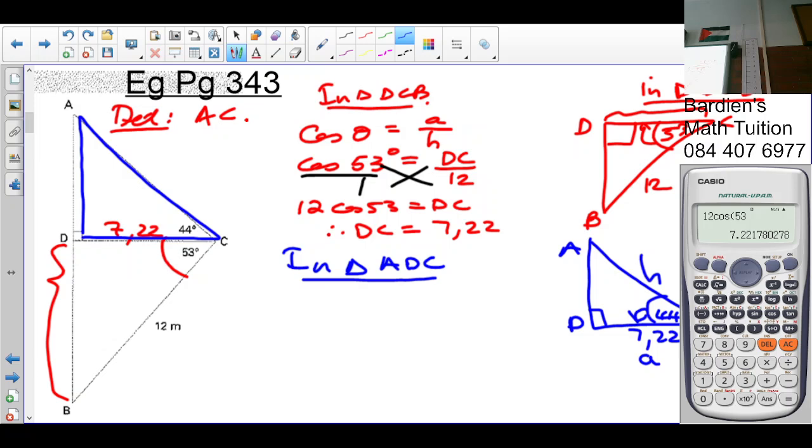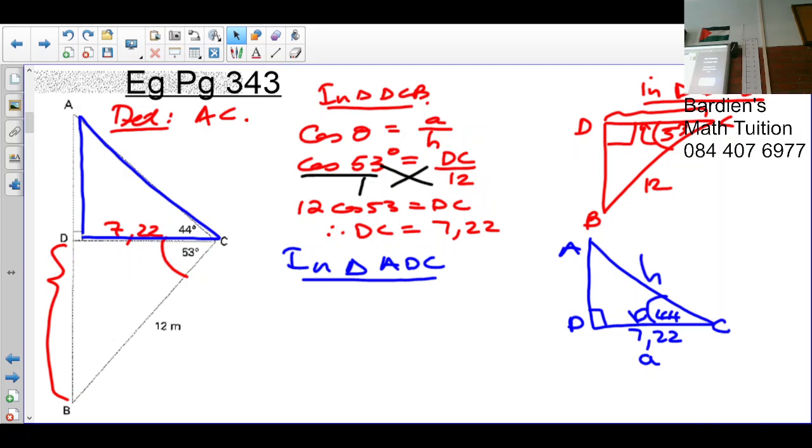Let's get the calculator quickly. So let's go with it. Adjacent and hypotenuse. Which trigonometric function uses adjacent and hypotenuse? Cos. So again we say cos of theta equals adjacent over hypotenuse.